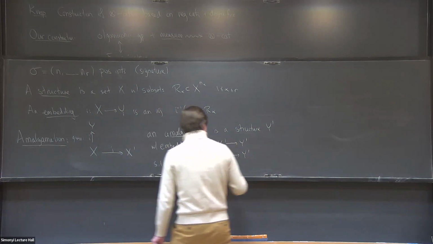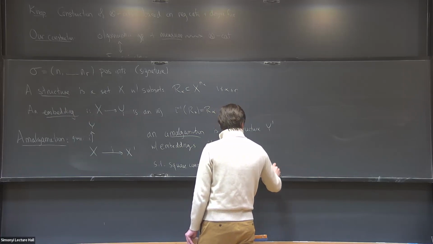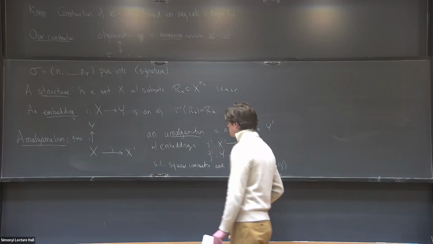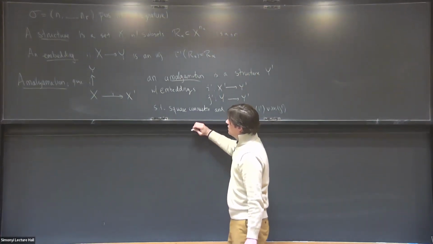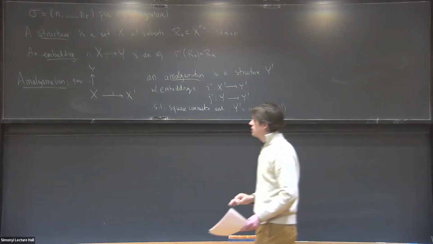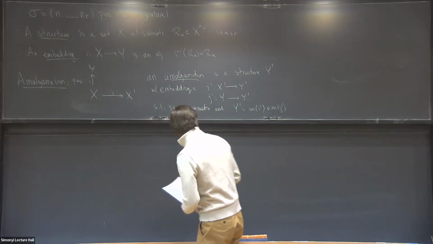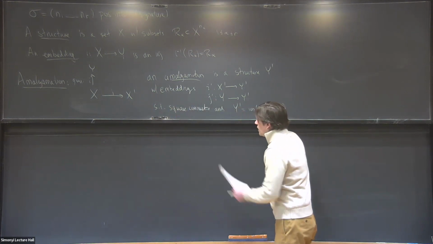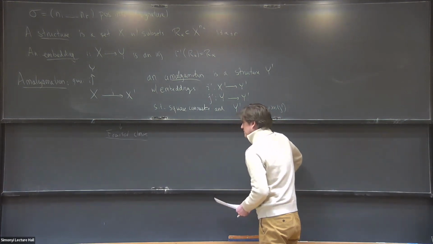And these maps are jointly surjective, so y prime is the union of the images. This is not like a push-out square. In most situations, there will be many choices of amalgamations, and there's no universal property. I'll do an example of an amalgamation at some point soon.